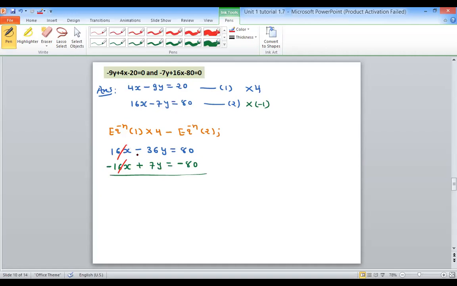Then minus 36y plus 7y gives minus 29y, and plus 18 minus 18 both cancel and give 0. So y is equal to 0 upon minus 29. If the numerator is 0, the value is always 0.